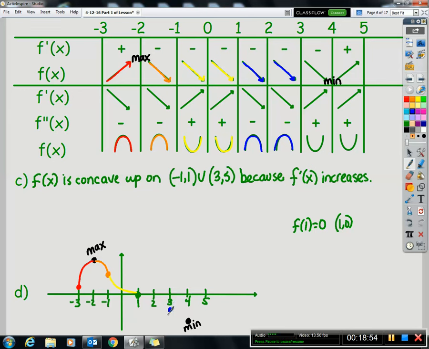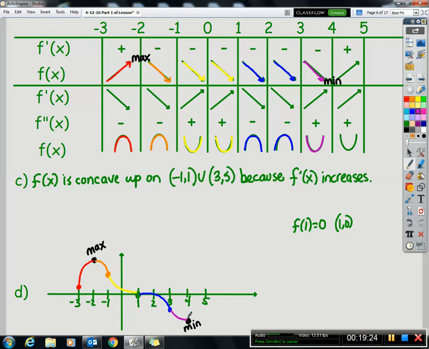But I don't want to go as low as the min, because I need the min to be the low point. So I'm going to make the graph go downward and be bowl-shaped down. So it'd be like that. Then I see on the next interval, it continues to decrease, but it's going to be concave up in shape. So I need to go down to the min, concave up in shape.